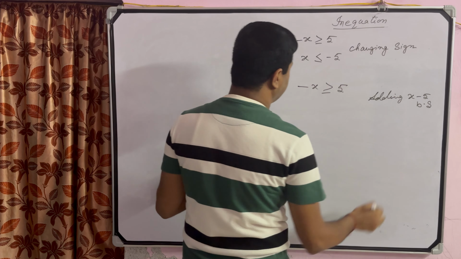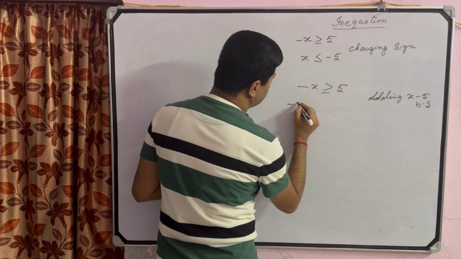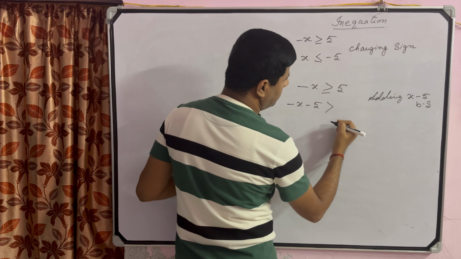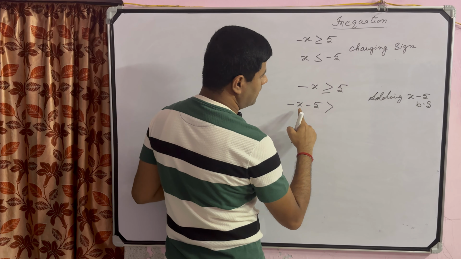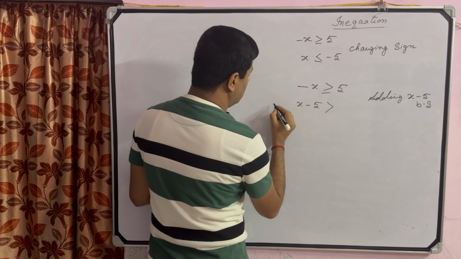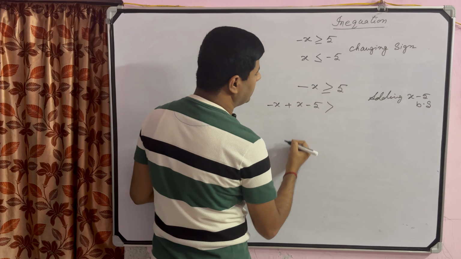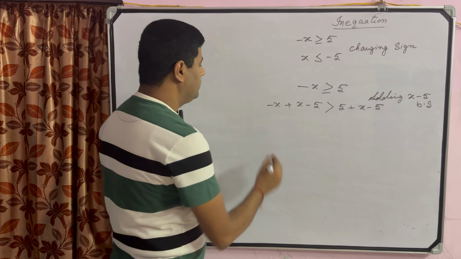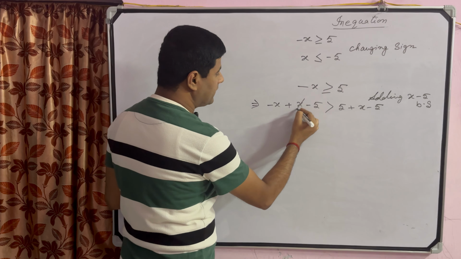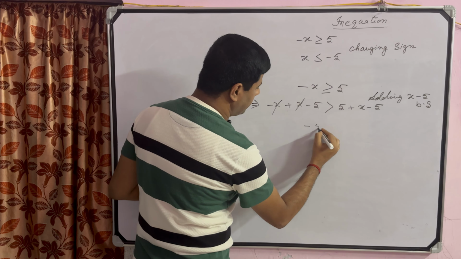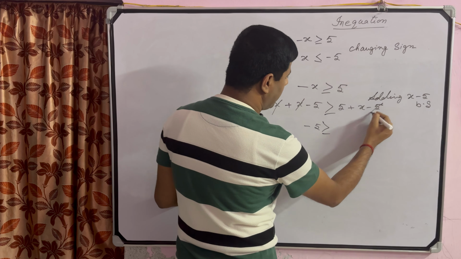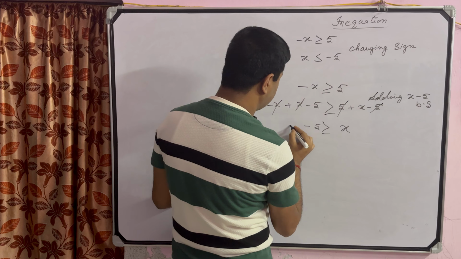So if we add x minus 5 both sides, it will become minus x plus x minus 5 greater than equals to 5 plus x minus 5. So this can be written as x cancels. So it will be minus 5 is greater than equals to, and 5 will cancel x.